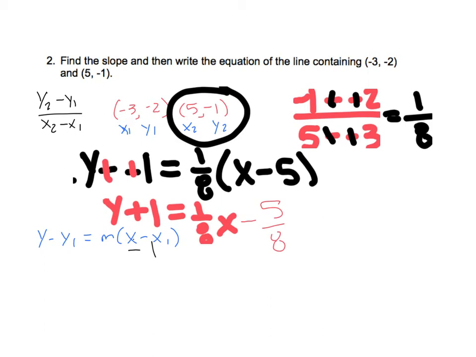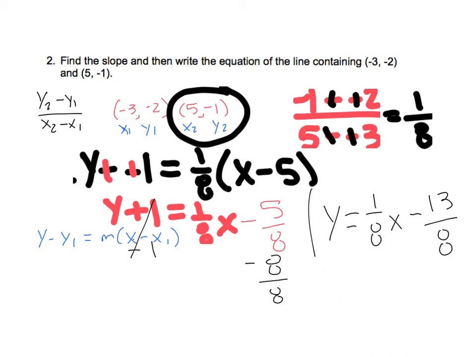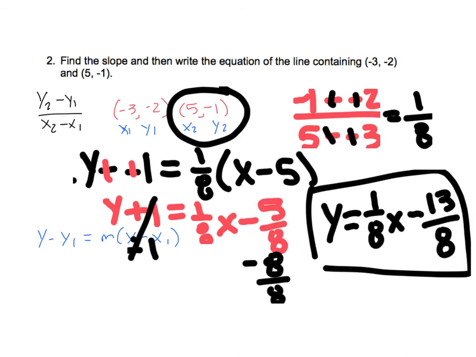So I am subtracting 1, but I would really just write minus 8 over 8, because 8 over 8 is the same thing as 1. So you would end up with the answer of y equals 1 over 8x, and then negative 5 minus 8 is going to lead us to negative 13 over 8. So that would be our final answer. Okay.